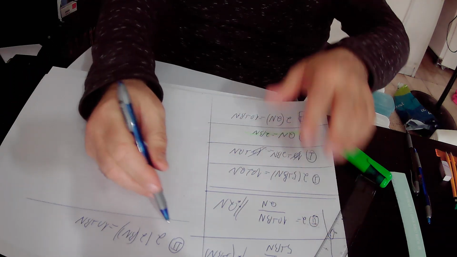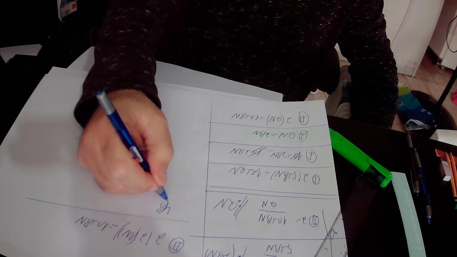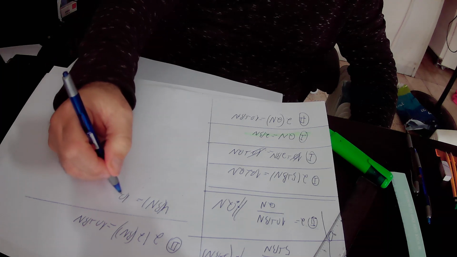On this side of equation number 2, we have 2 times 2Bn, which is 4Bn. That equals 10 plus Bn.